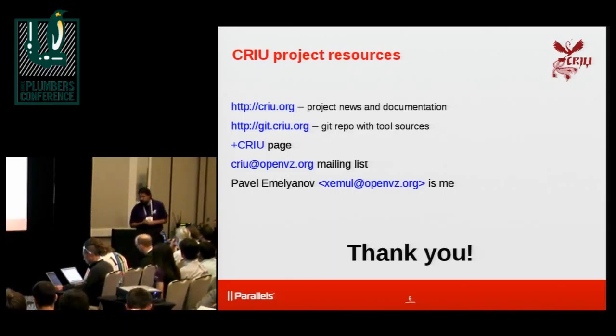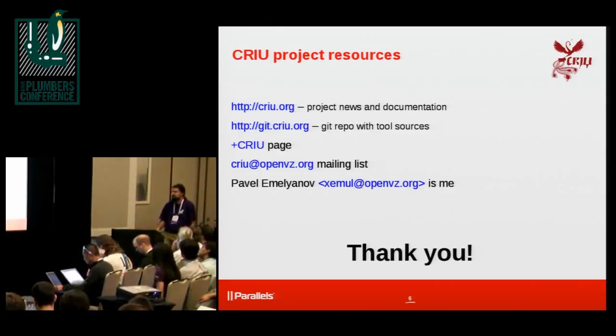We have already integrated CRIU into OpenVZ, so you can just take OpenVZ kernel tools, vzctl, and dump and restore containers with a higher level command line tool than CRIU is. You've seen that there are lots of options you have to pass to make it working. With vzctl, it will be as simple as just vzctl dump and the container ID.